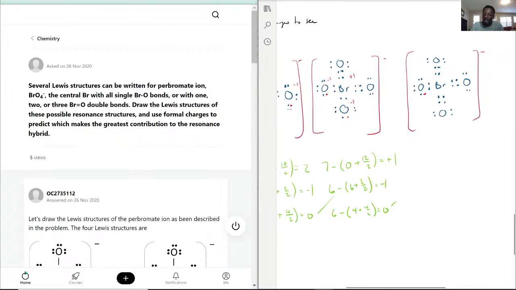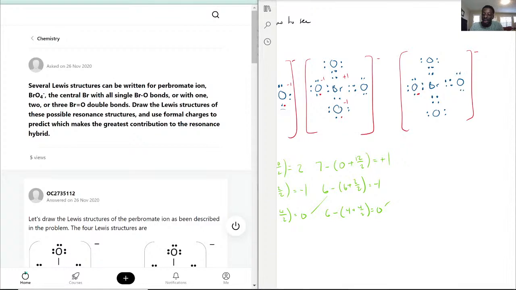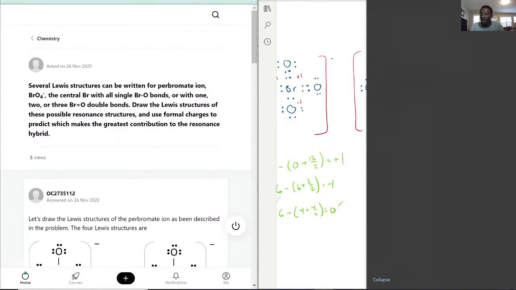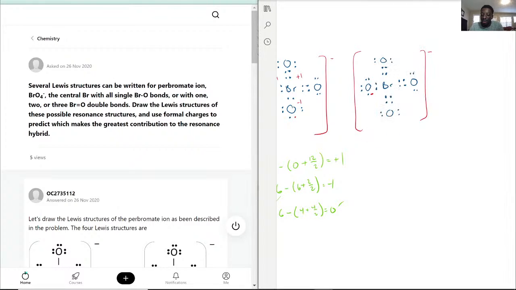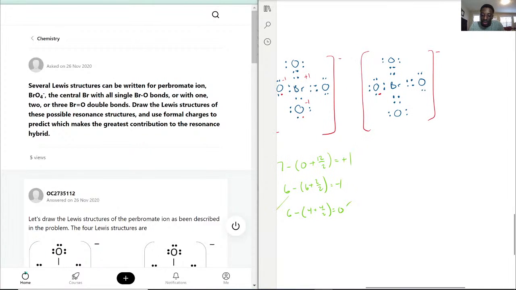So you probably already guessed the hint that this bromine broke the octet rule, but it actually prefers this. We want to make sure that, as we go through, bromine in this case is 7 minus 0 plus 12 over 2.